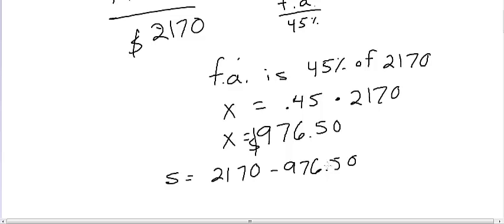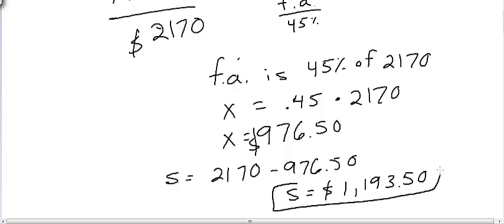And when you do the subtraction, you're left with the student paying a total of $1,193.50. And since it's money, we want to round to 2 decimal places always.